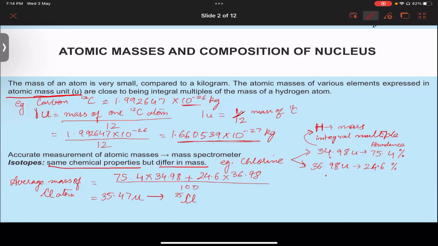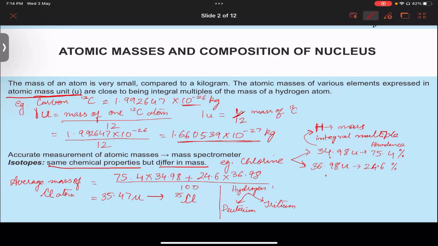There are other elements which also have isotopes. You have hydrogen, but you also have deuterium and tritium. You can find isotopes of hydrogen in terms of deuterium and tritium.